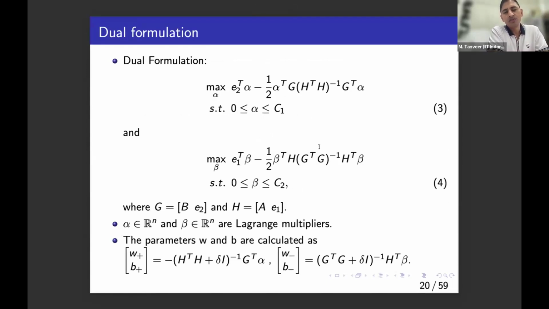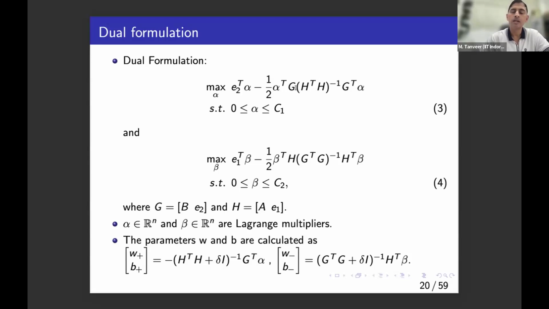So what we observe is that in the dual formulation, the matrices that appear are H transpose H or G transpose G. So they are not always invertible. You see that they are square matrices, but they may not be invertible.